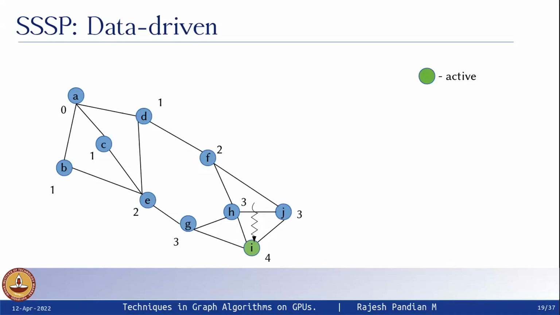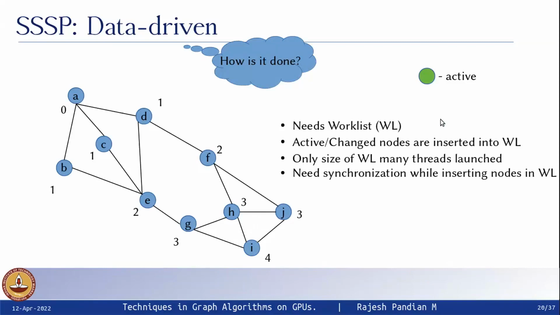Before I get to topology driven, let's see how this data driven approach is implemented. It is implemented using a work list approach. A work list is nothing but an array in which we put all the active vertices or active node IDs.